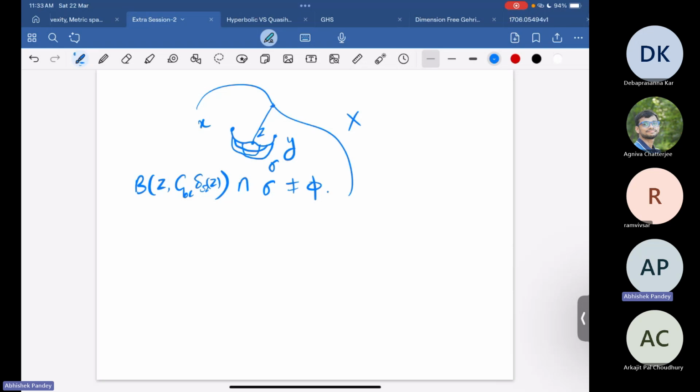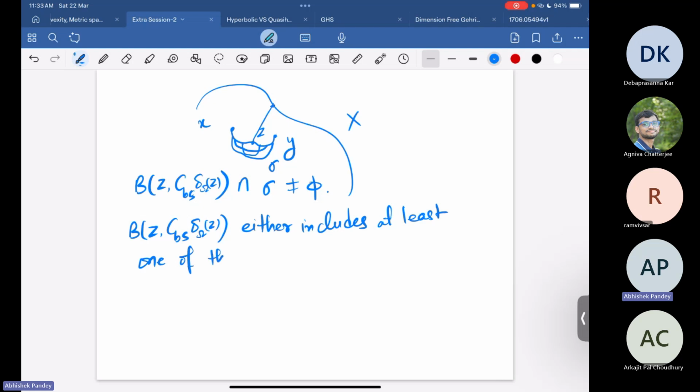It means that this ball either includes at least one of the endpoints, or it separates the endpoints.